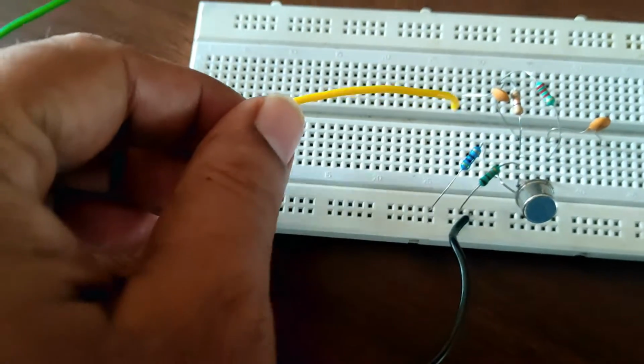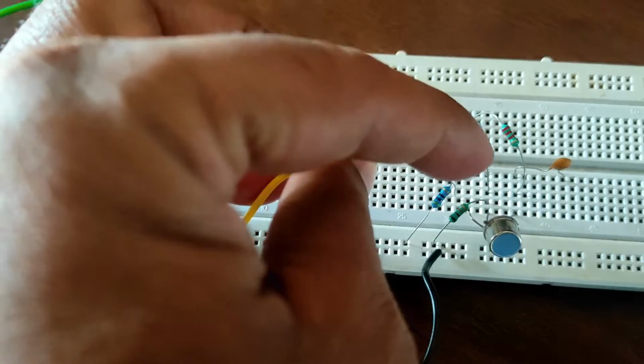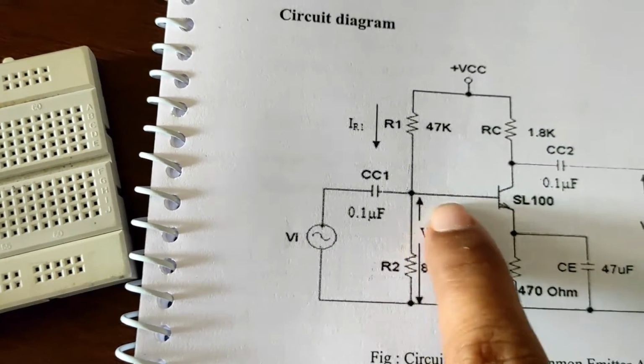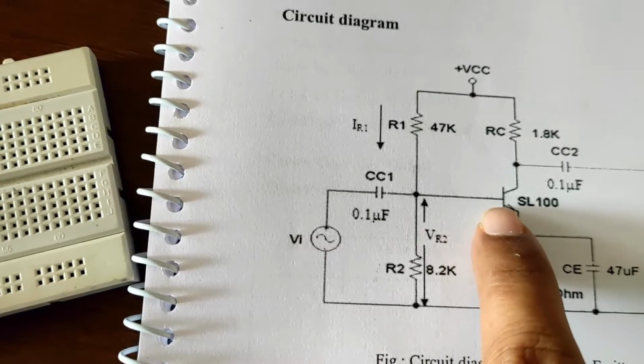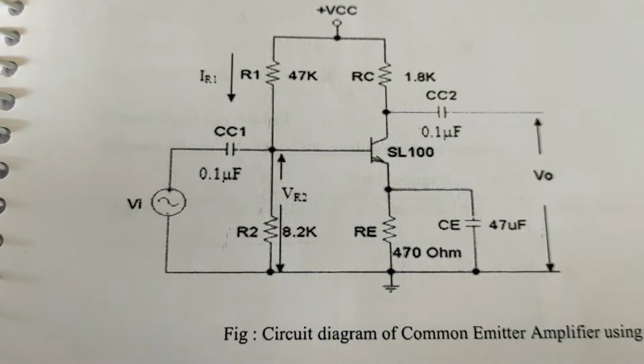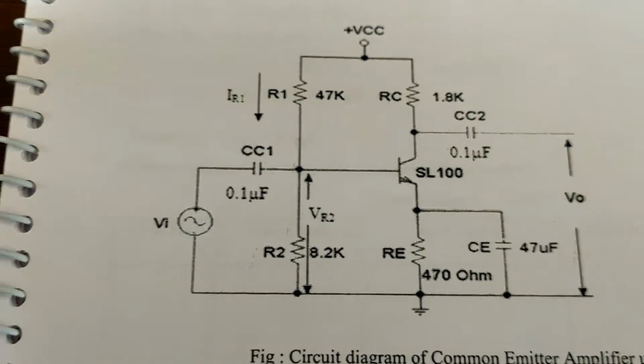This is positive terminal of signal generator connected to capacitor, and from capacitor it is taken to the base of transistor. From emitter to ground, 47 microfarad capacitor is being connected.